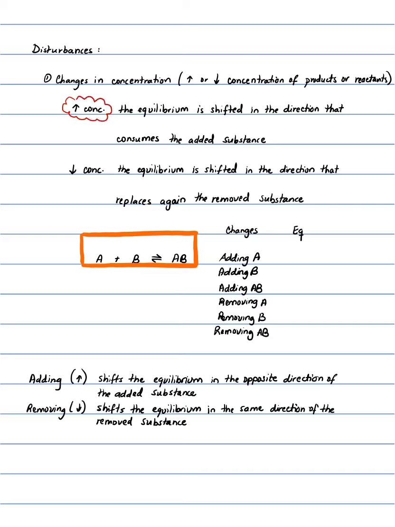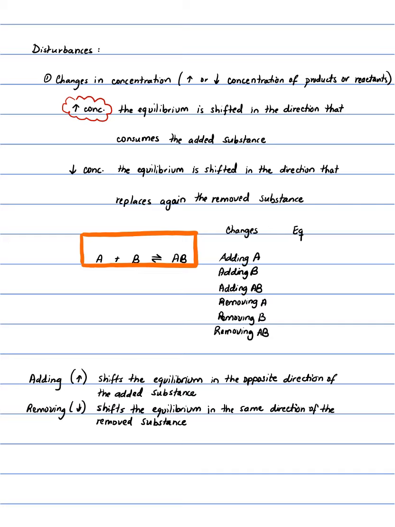Increasing concentration of a reactant or product, not just for one of them. This applies for anything. Increasing concentration means that the equilibrium will be shifted towards the direction that uses up that amount that you're adding.